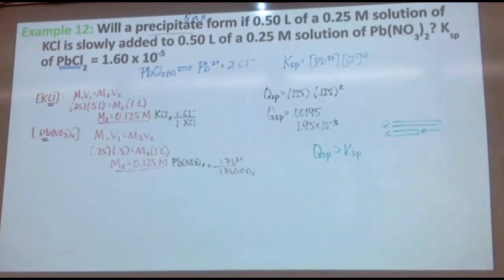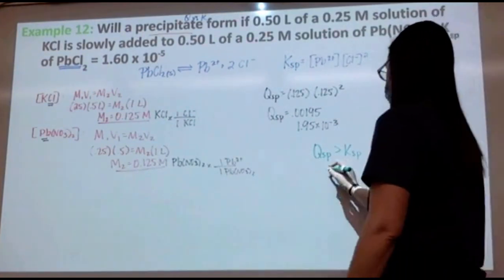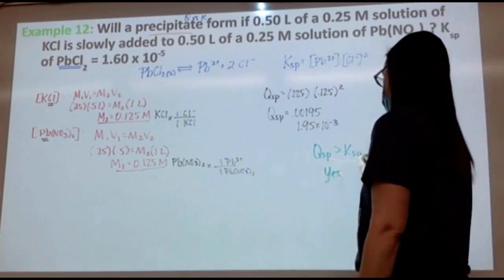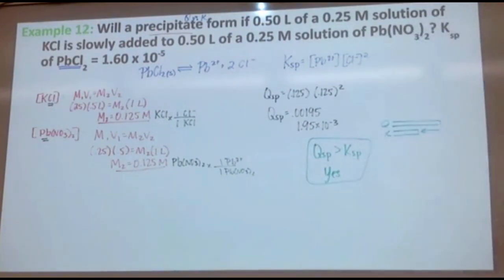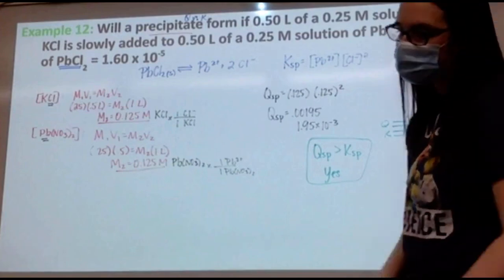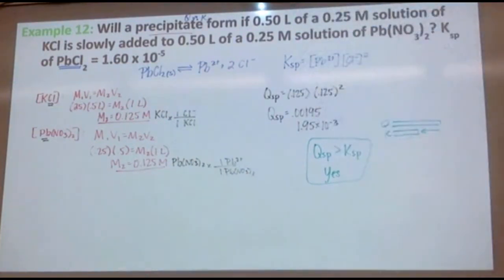So will a precipitate form? Yes. When Q is greater than K, a precipitate forms. So as soon as it talks about a precipitate, we want to focus on Q versus K.